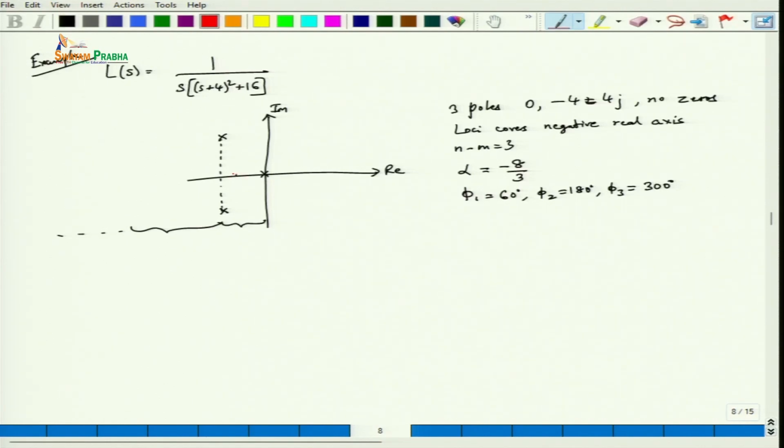This minus 8 by 3 denotes minus 2.67. So it will start from here at 60 degrees, then 180 degrees and 300 degrees. So this is how it looks, this should be more like 60 degrees.